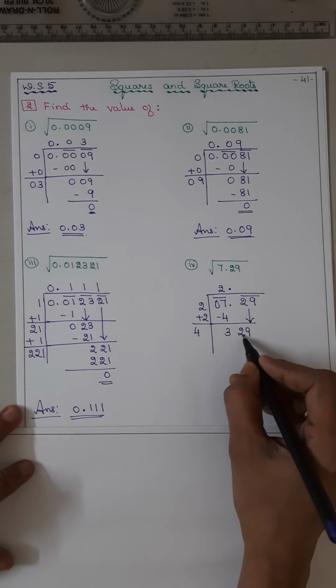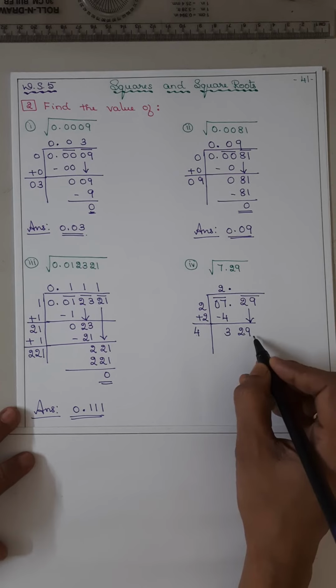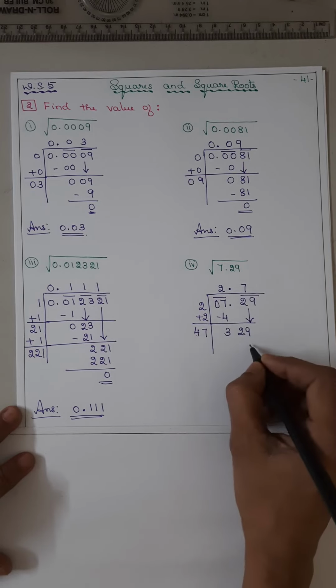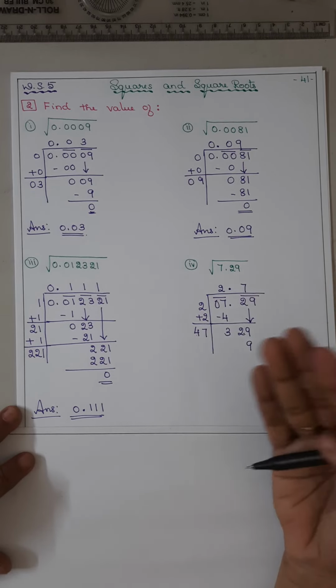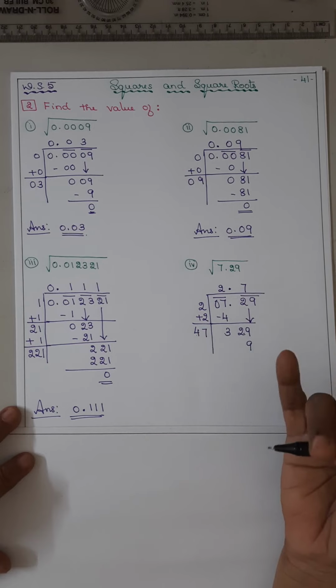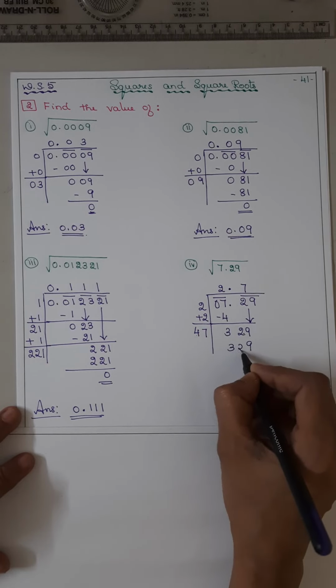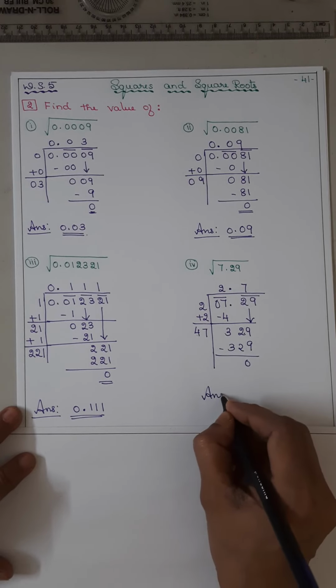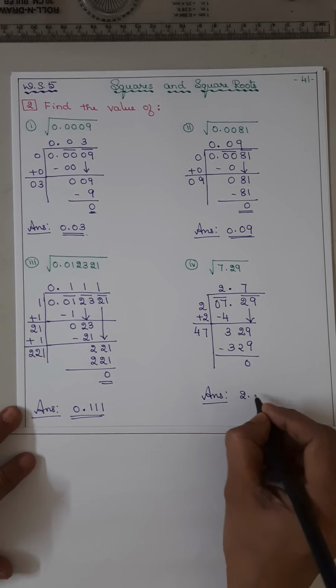4 how much are 32? 4 8s are 32, but it is ending with 9. So try with 7. 7 7s are 49. 7 4s are 28, 29, 30, 31, 32. So the answer is 2.7.